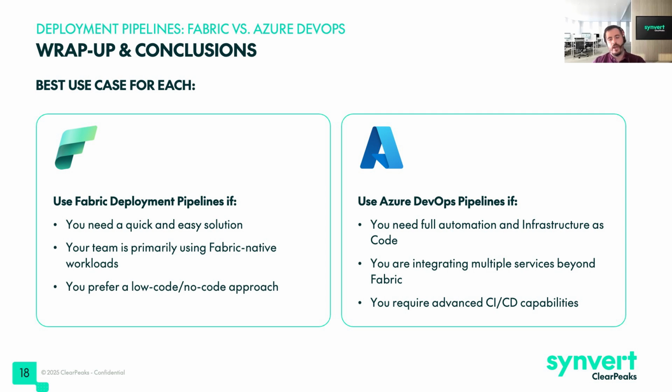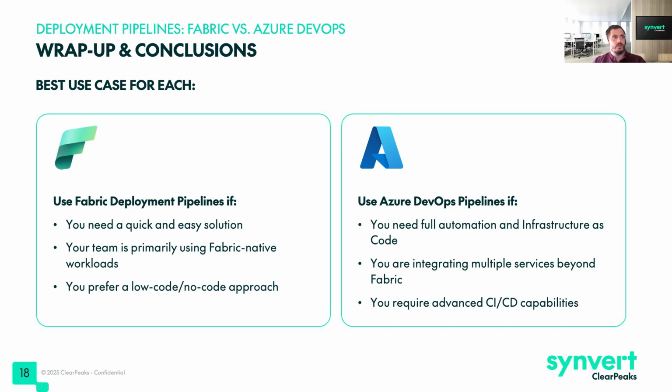So here, basically, I would like to overview in which cases you should choose one or another of the solutions that we propose in this webinar. Basically, use Fabric deployment pipelines in case you need a quick and easy solution that requires lower deployment times. Here, the most important part is that your solution is quickly deployed.